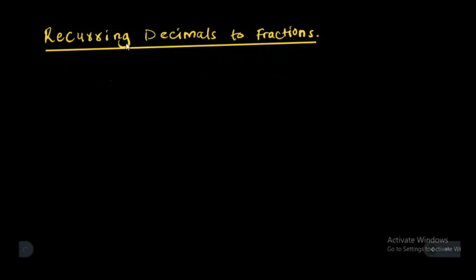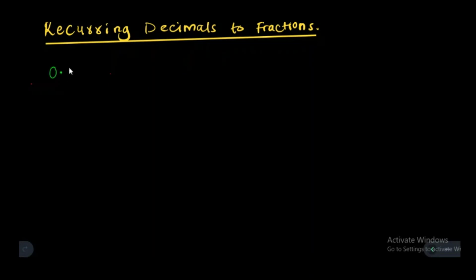Question right here to help us remember how we multiply decimals with any whole number. So if you have a decimal like 0.1 and it is multiplied by 10, what will be our answer?